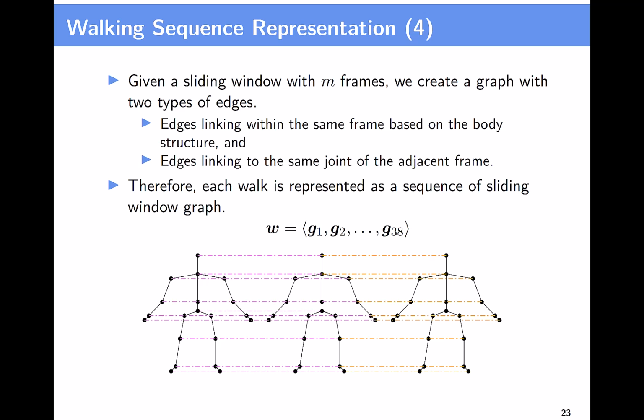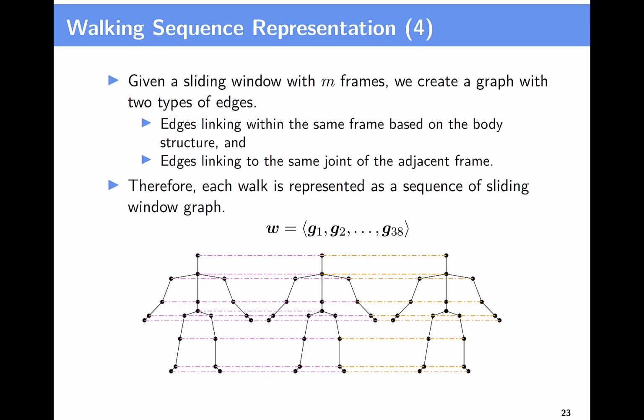Then from 3 consecutive frames, we create a graph. This graph is composed of 2 types of edges. The edges that link within the same frame based on the body structure, as shown in this slide as the solid dark black line, and the edges that link to the same joint of the adjacent frame.